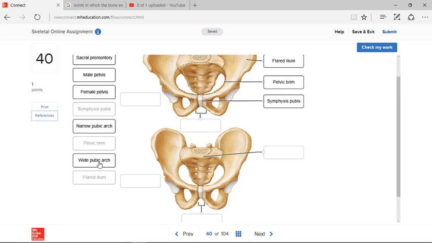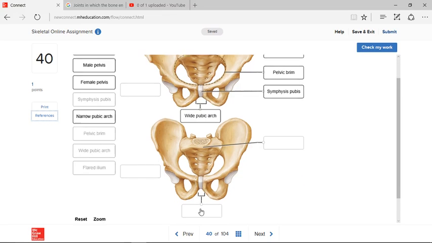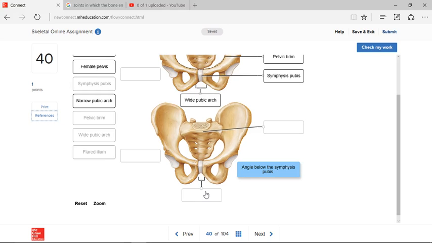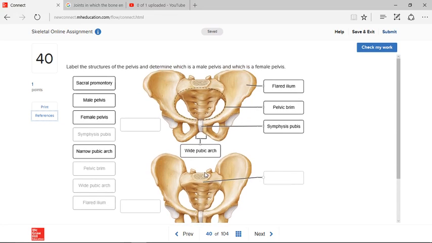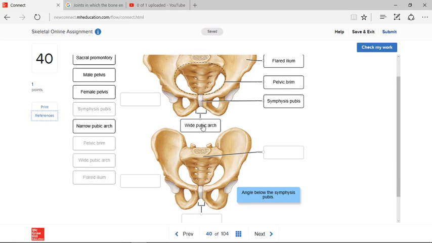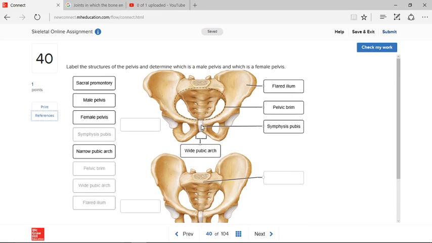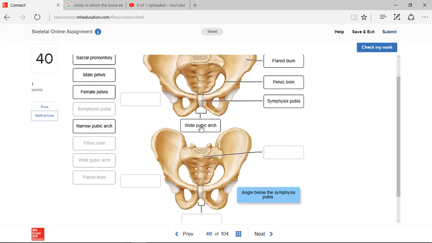This would be a wide pubic arch. This right here, the angle below the symphysis pubis. Which, are they the same? Pelvis, which is a male pelvis. Okay. So I believe that the wide pubic arch is for females, right?